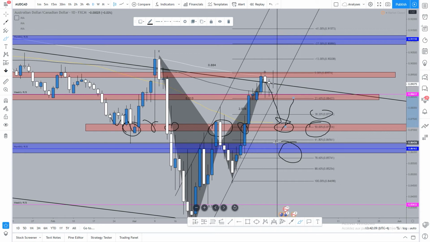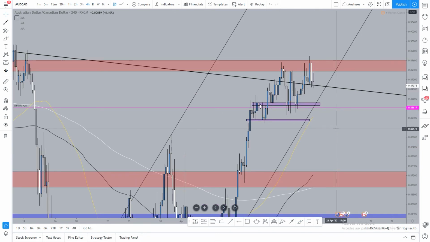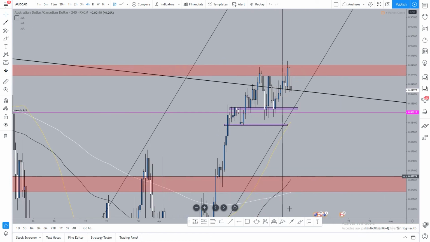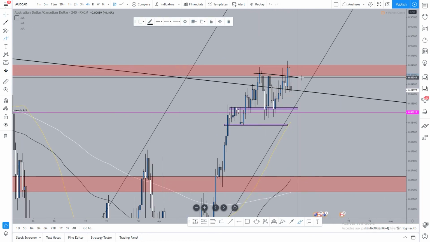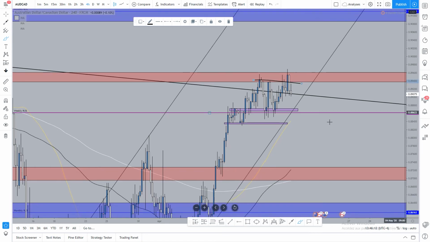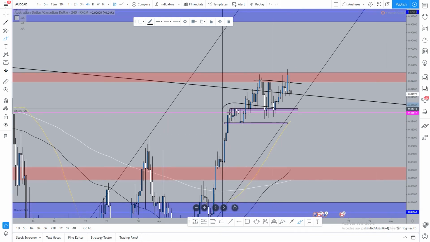Now we will go to the 4-hour time frame for an entry. Alright, so now we are on the 4-hour time frame. As you can see, still a bullish trend, but we didn't make a new higher high here. We only made a high. So for our entry, what we can wait for is a break of the structure here.